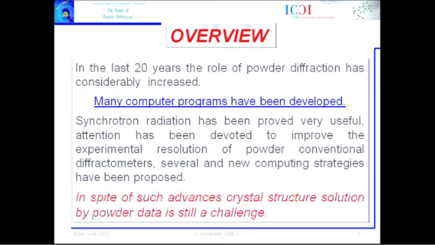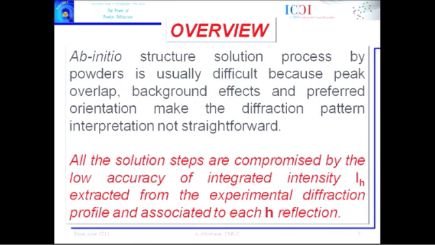In spite of such advances, crystal structure solution from powder diffraction data is still a challenge. This is because the overlapping, the background, and the preferred orientation hinder the interpretation of the experimental powder pattern, so that each step of the solution process by powder is compromised by the low accuracy of the integrated intensity extracted from the powder and associated to each reflection.